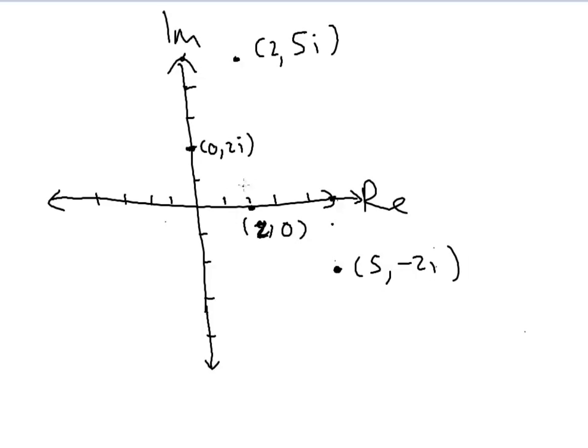The reason I wanted to put another example was that idea that if you multiply a number by i, you rotate it. So if I multiply 0 comma 2i by i again, I'll end up with 0 minus 2, or minus 2 on the real axis, because 2i times i becomes minus 2, and 0 times i remains 0.